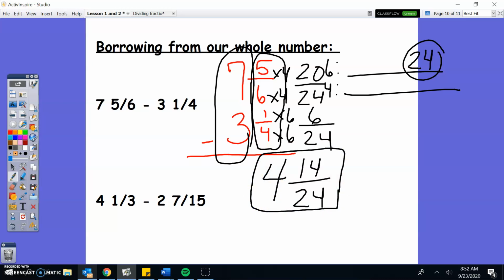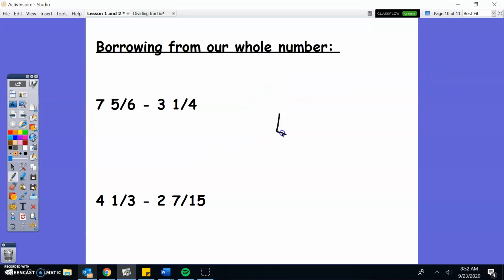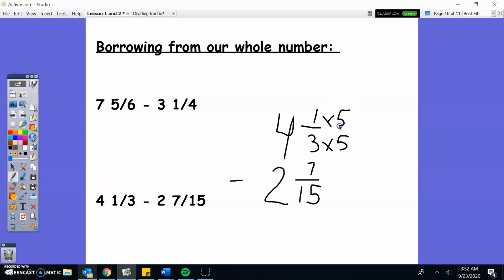Okay? But we may have to borrow for our second question. So let's try this next one. 4 1/3 minus 2 7/15. I would multiply by 5 to get my common denominator, and I see that 5/15 minus 7/15, I can't subtract 5 and 7.